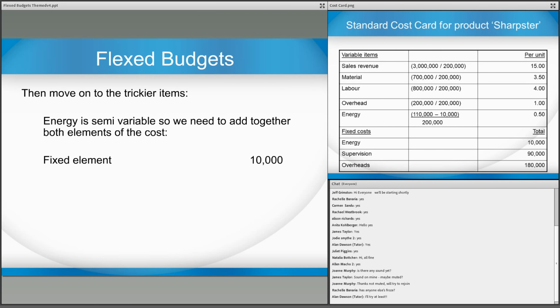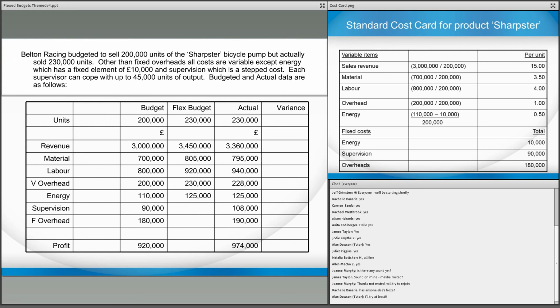We have a fixed element of 10,000, and because it's fixed, it stays at 10. The variable element, 230,000 at 50 pence, 115, we would expect to spend £125,000. So let's put that onto the flex budget.